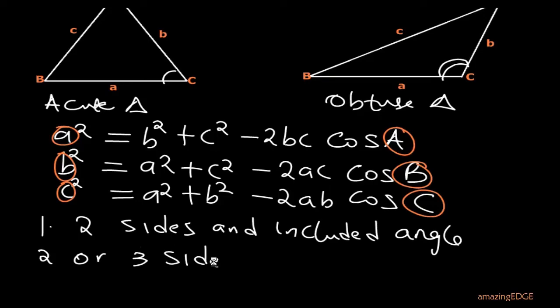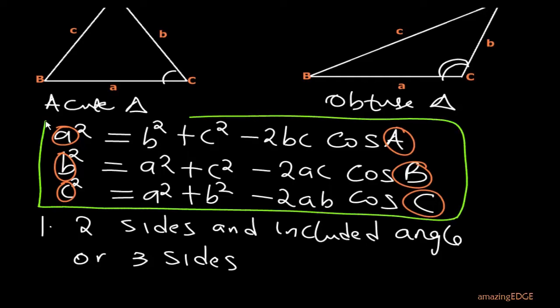So we rather have one condition: the two sides and included angle, or the three sides. That's when we use cosine rule. So this is the formula we are going to familiarize ourselves with, so try to have this at the back of our mind when dealing with cosine rule.